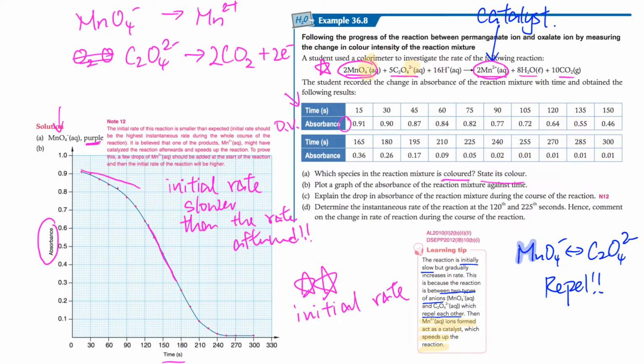So at the beginning, the speed is very slow. But as time goes by, the concentration of Mn2+ increases. So therefore, more and more catalyst is there, and the reaction will then speed up.